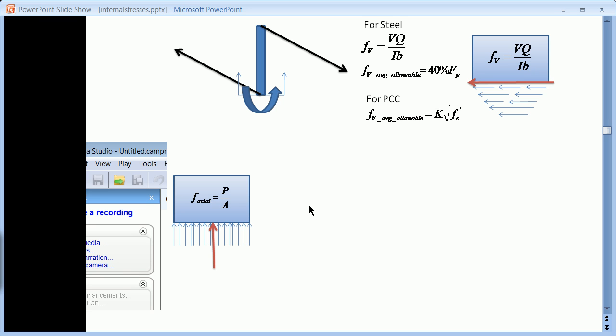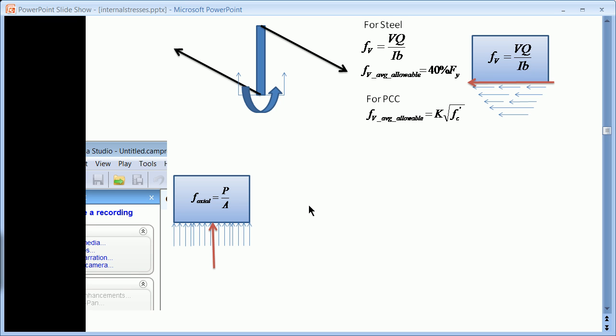And then we notice for concrete, as opposed to relating things to the yield stress, we relate them to the compressive stress, and that factor is a lot less than 40% typically. You notice it's not a multiplication of the number itself, but of the square root of the compressive strength.